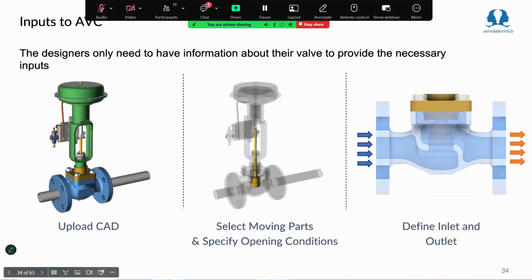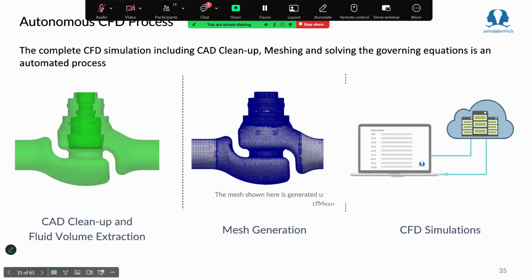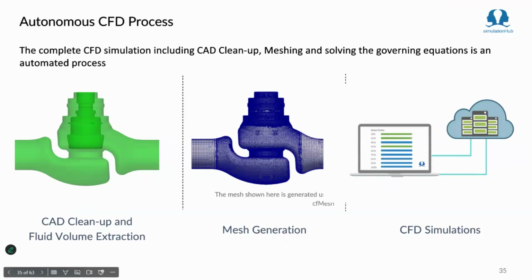Next, what the software does in the back end is all the CFD processes: CAD cleanup, fluid volume extraction, mesh generation, and the CFD simulation, setting up the problem, selecting the right turbulence model and numerical methods, and monitoring the convergence, everything. So everything is taken care of by the algorithm. So the user doesn't need to worry about it.